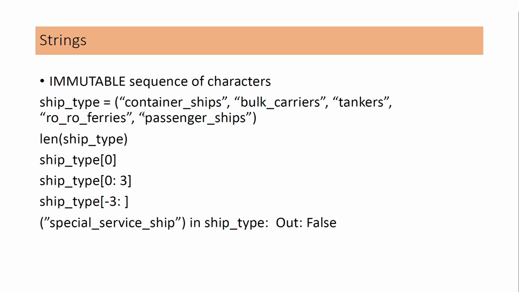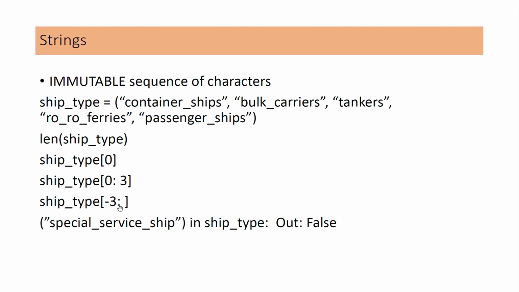So that's range. Strings are again immutable sequences of characters, like ship types: container_ship, bulk_carrier, tankers, etc. len gives the length of the ship type, and ship_type[0] or ship_type[3] gives a character. The first index is the row, the 3 is actually the column, right?